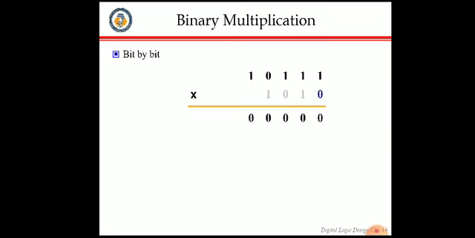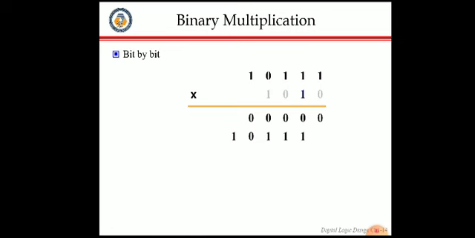So now let us see the binary multiplication. Very simple. The procedure that you used in decimal multiplication, the same procedure you have to use, and use the binary addition finally. That is the thing you have to remember.